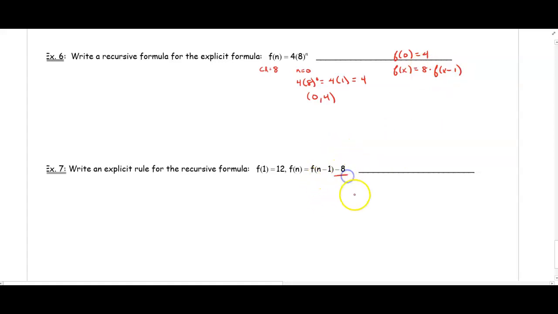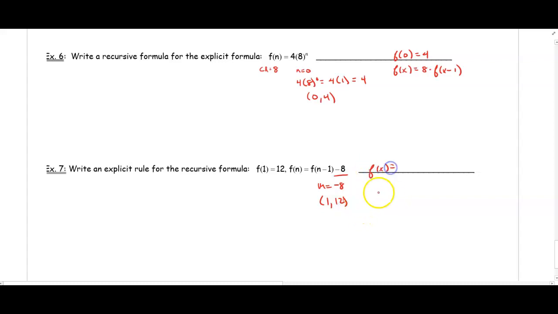Because I'm subtracting 8 here for this one, I know this is arithmetic. If I'm writing the explicit rule here, I need my slope right away, and since I'm subtracting 8, my slope is negative 8. And I'm going to use that ordered pair: x is 1, my output y is 12.